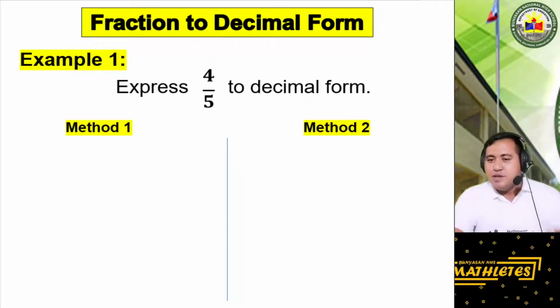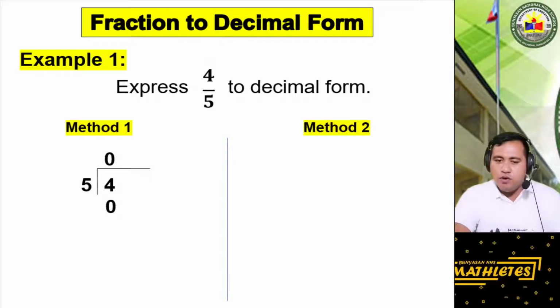ang inyong gigamit sa elementary, kasi kanang inyong nakatuna na. So 4/5, that means 4 divided by 5. Manually we are going to use the long division method. 4 divided by 5 is 0. 0 times 5 is 0.